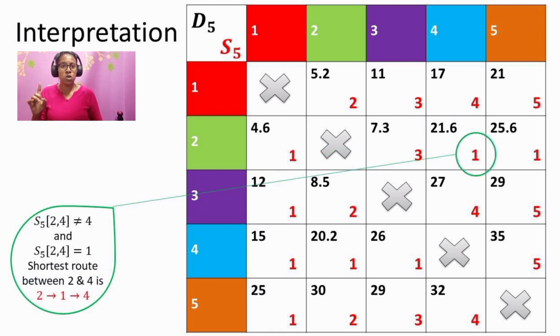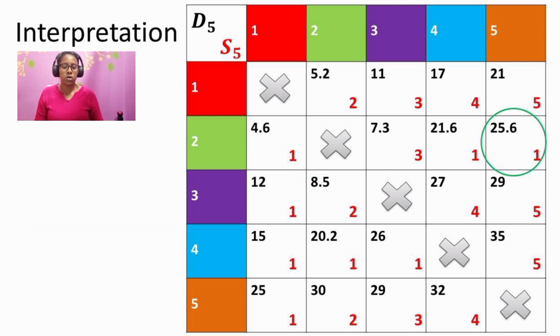And that root value 1 indicates via 1 I have reached 4, right? Which means S5 of 2 comma 4 is not equal to 4, but S5 of 2 comma 4 is equal to 1. So the shortest route between 2 and 4 is from 2 to 1, then to 4.